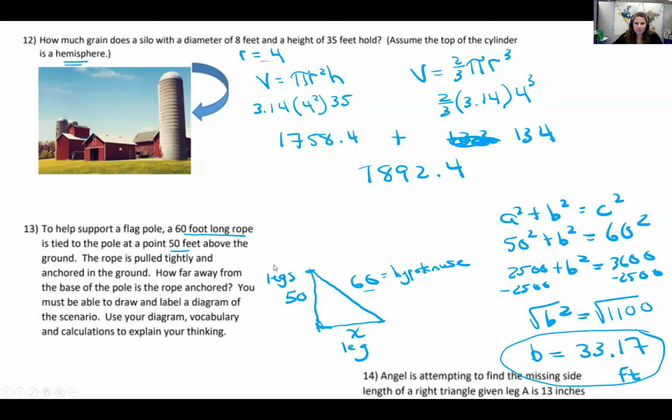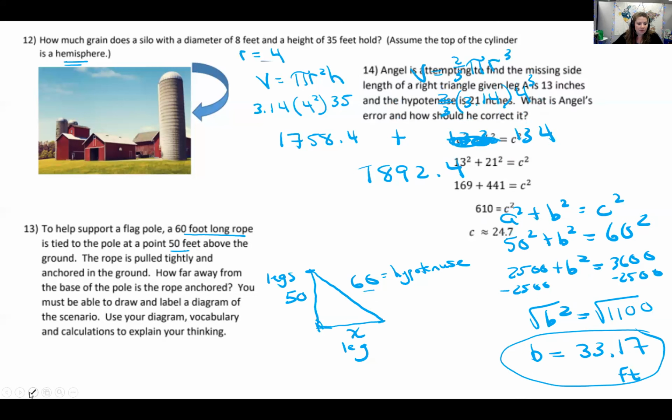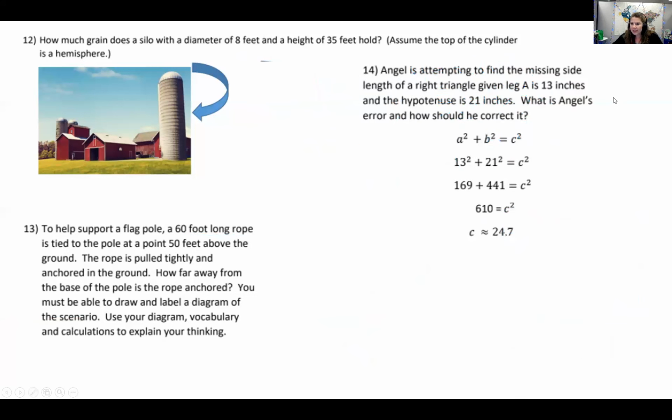All right, number 14. It says Angel is attempting to find the missing side length of a right triangle given leg A is 13 and the hypotenuse is 21. What is Angel's error?